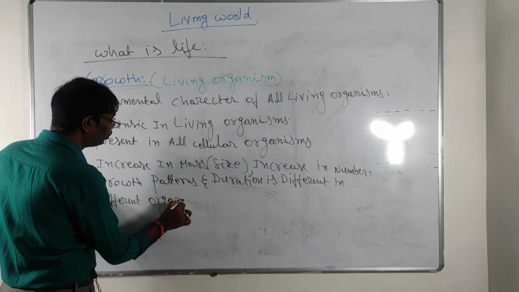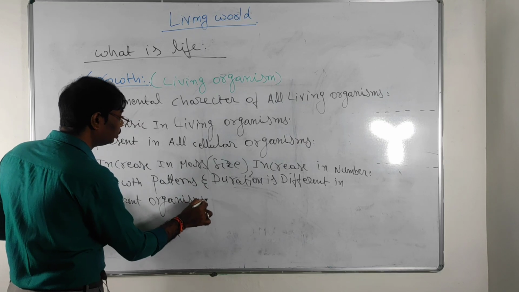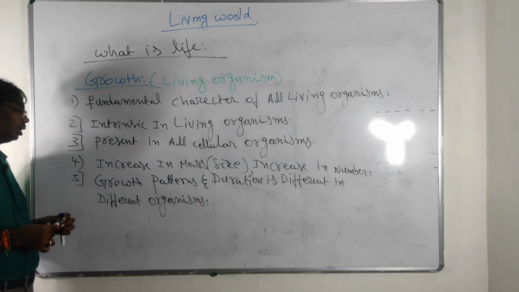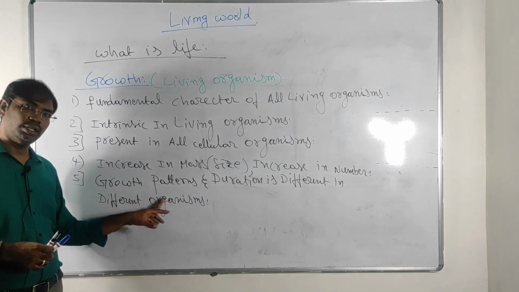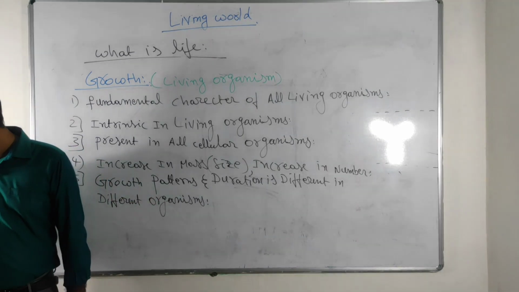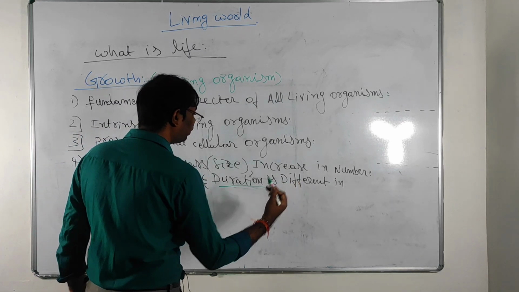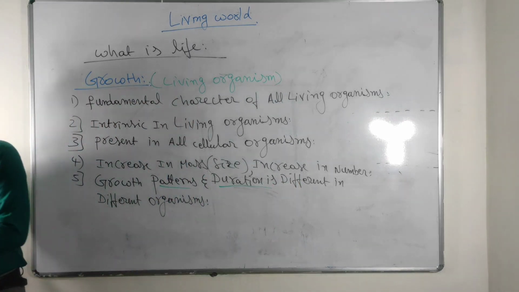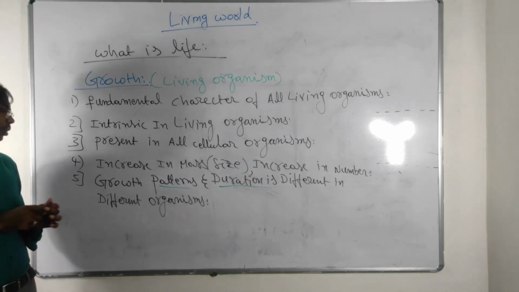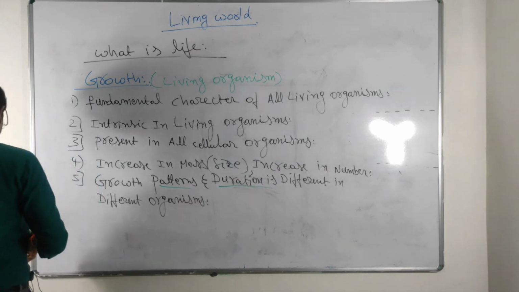So the pattern of growth and the duration of growth are different in different organisms. All the organisms will not show the same type of pattern and duration in their growth. Suppose I give one example, plants and animals.